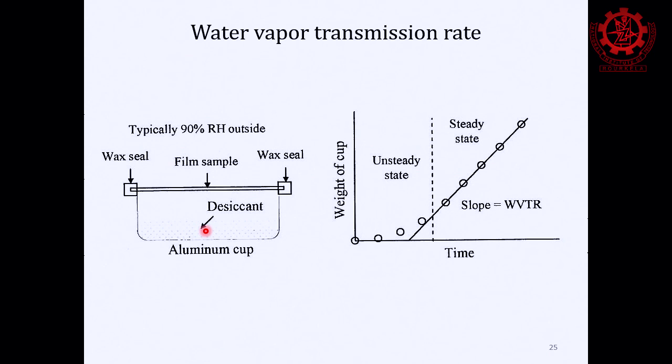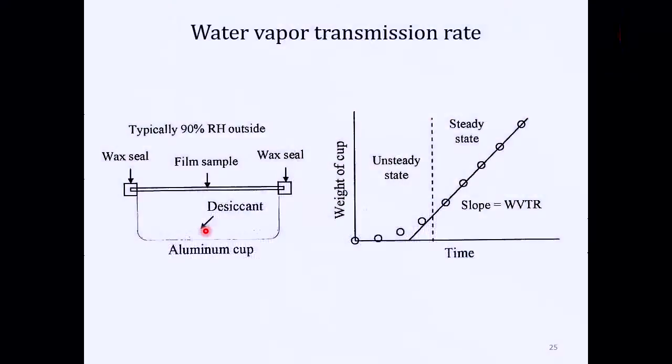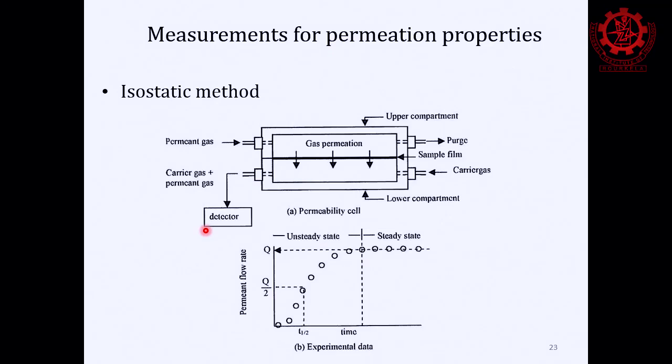But how would you quantify how much oxygen is being transmitted? Can we measure the weight? So what would we be doing? Partial pressure. Okay, and how would you do that? You have the sensors. So that's what we do with measurement of the oxygen transmission rate.